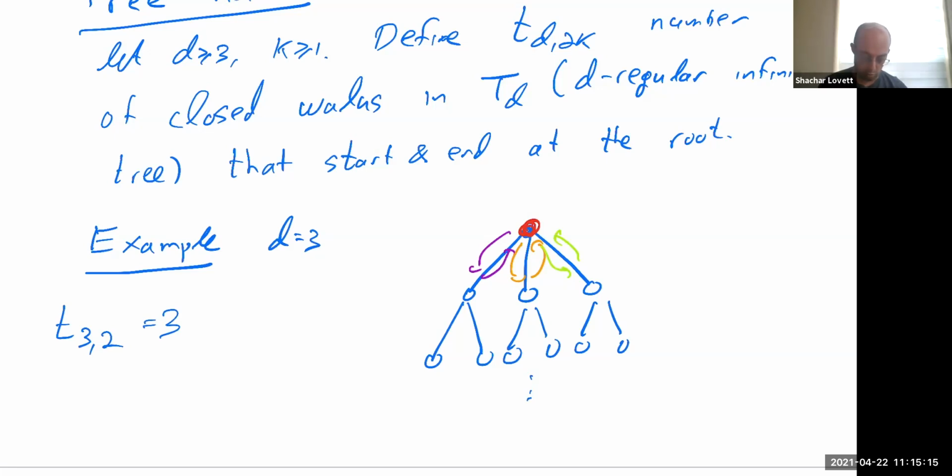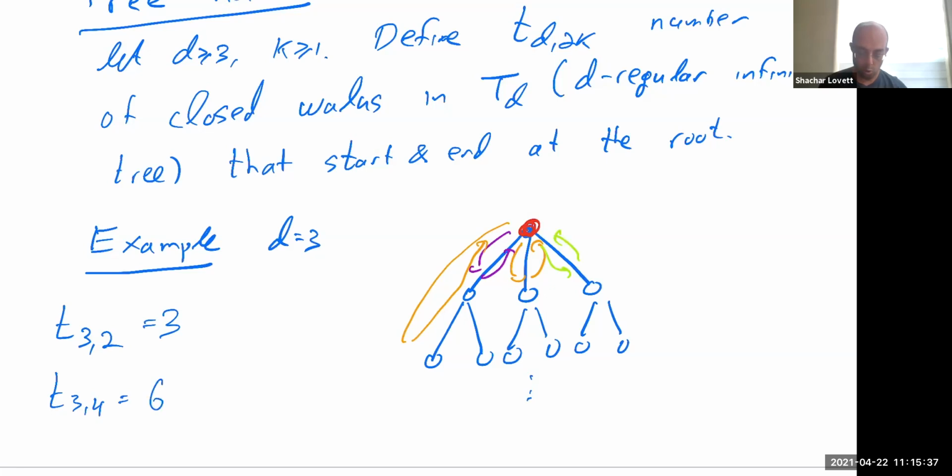What is T_3^4? Well, I have 2 different kinds of options. One option is I go down length 2 and I come back length 2. How many descendants at depth 2 do I have? 6. So it's going to be 6 options.